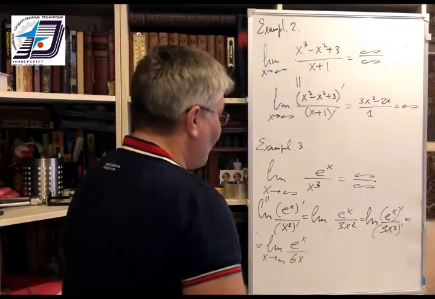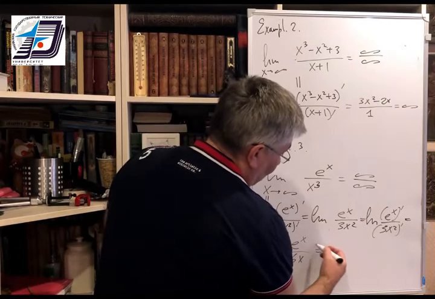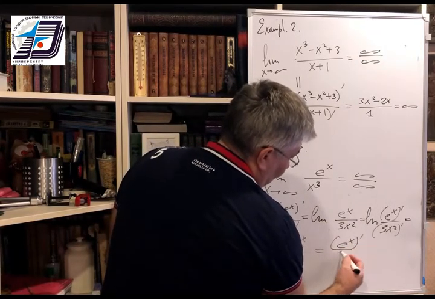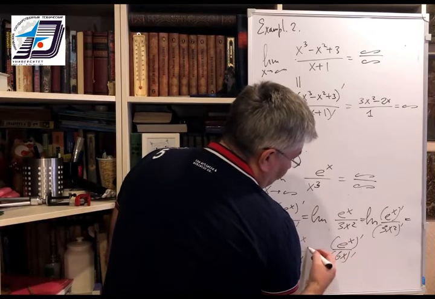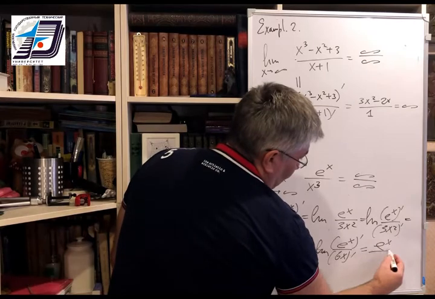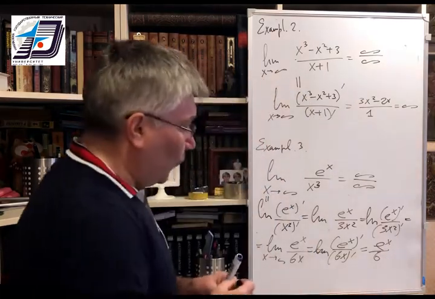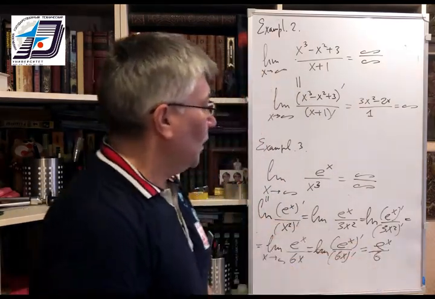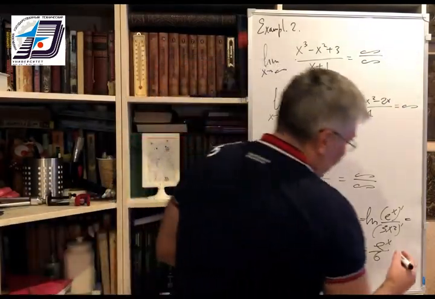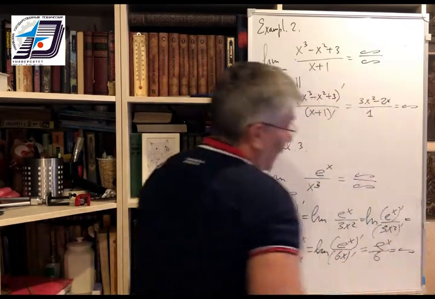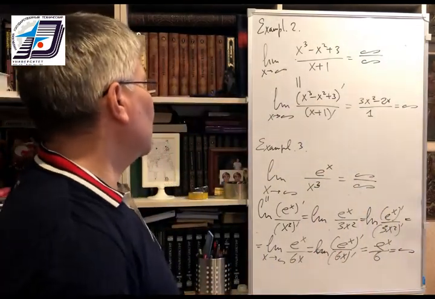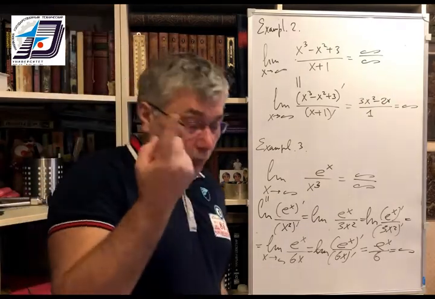Next step, one more time, derivative. It gives exponent over 6. Now if you put x infinity here, you have e raised to power infinity over 6, so it gives infinity. You can see that it is very easy to calculate limits using L'Hopital rule.